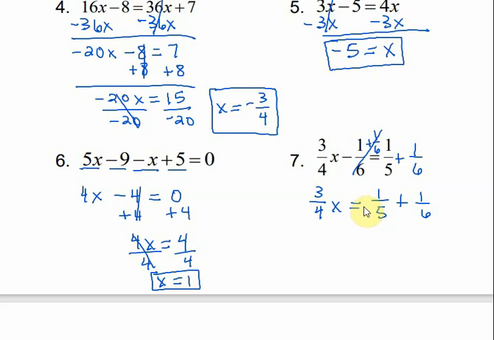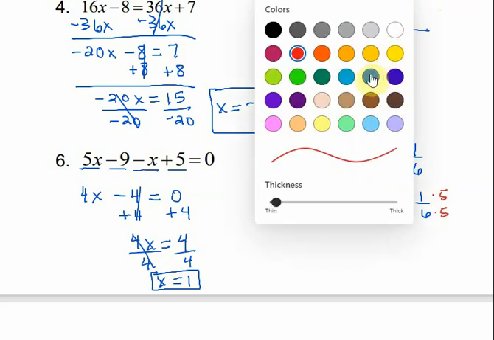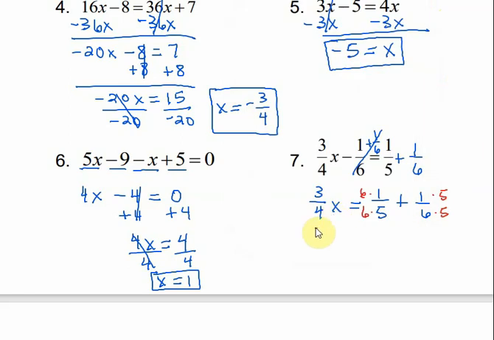So I need to multiply both the numerator and the denominator by 6 to make that 30, and both of these times 5. Alright, so I get 3/4x equals 6/30 plus 5/30, which would give me 11/30.